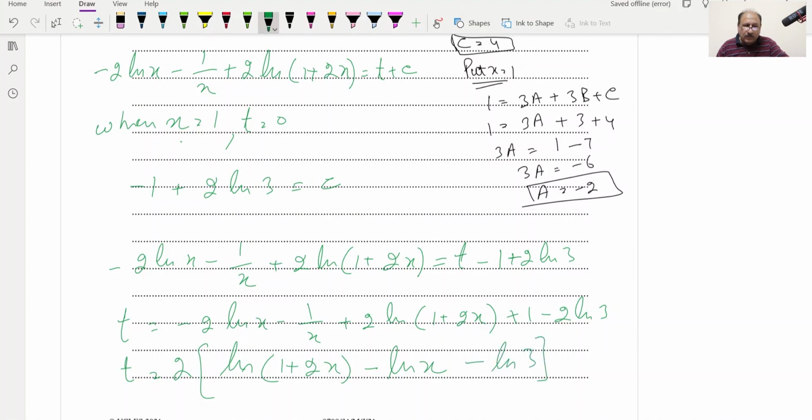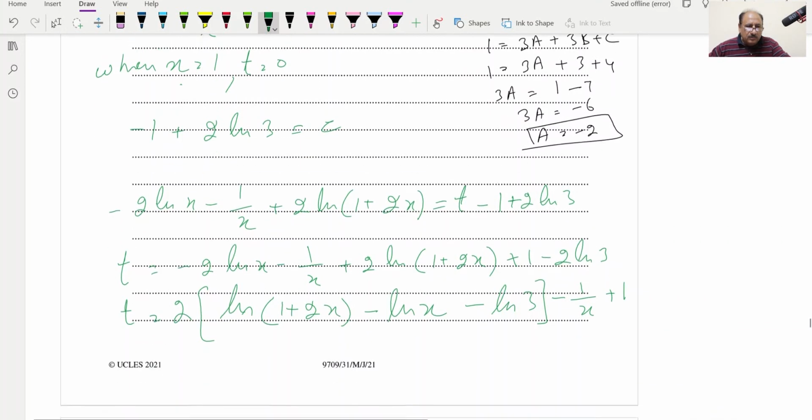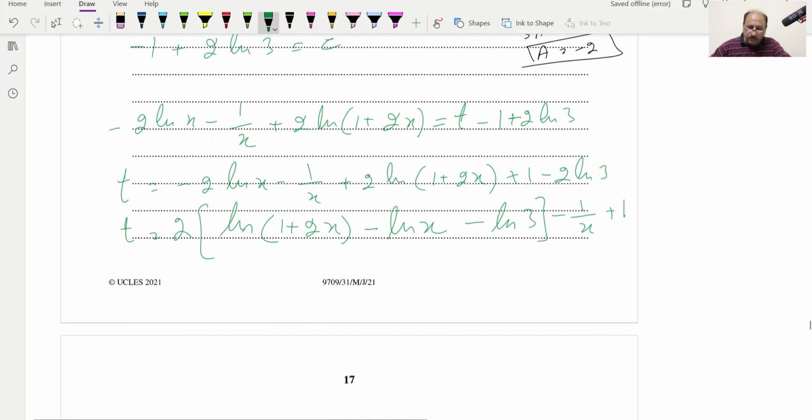Now remaining is -1 over x and plus 1. Now we can rewrite it as the final answer. We can write over here t will be equal to 2, and log of a minus log of b will be equal to log of a over b. So log of 1 plus 2x over log of x, and this will be minus log of 3.